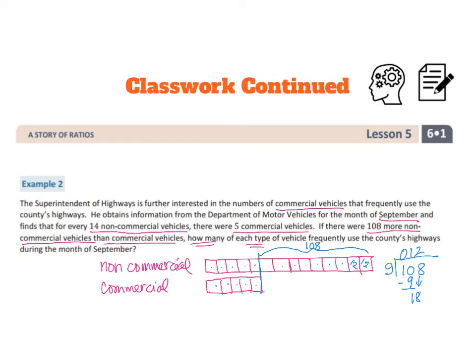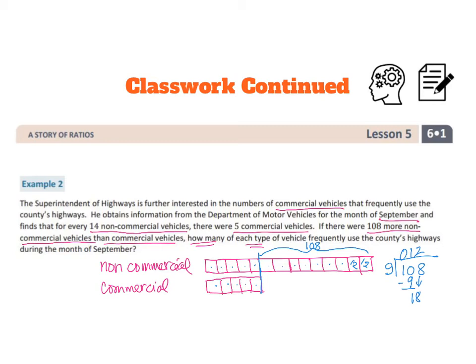So now I've got to go back and reread. There are 108 more than commercial. How many of each type of vehicle frequently use the highway during the month? How many of each type?